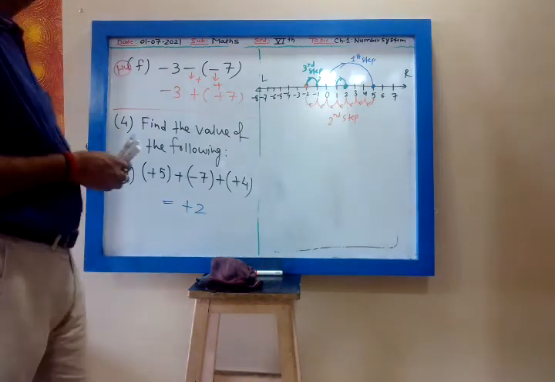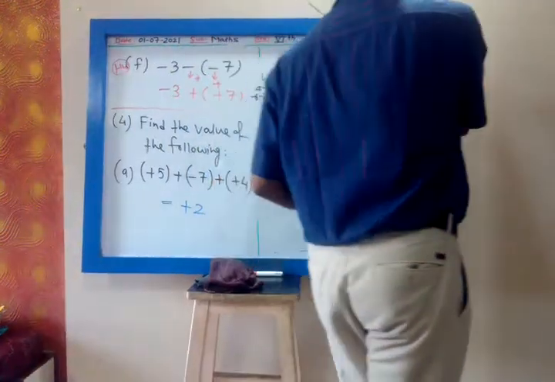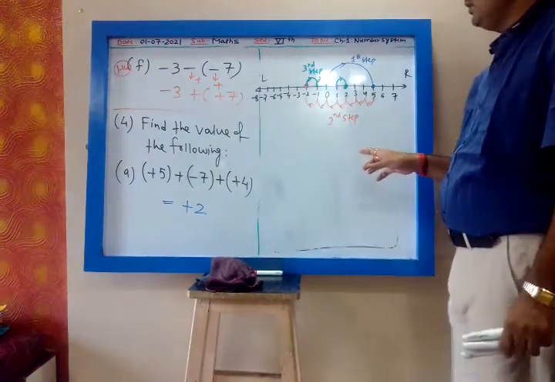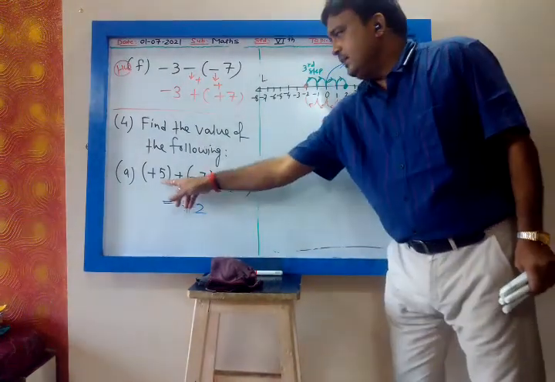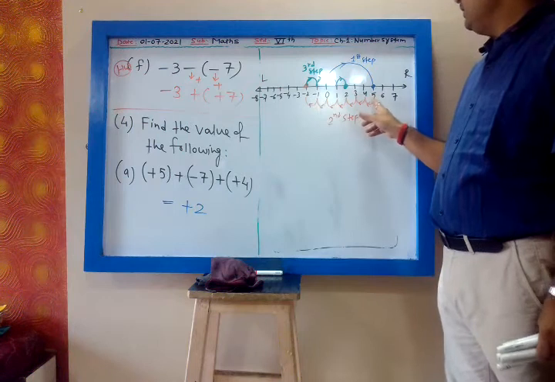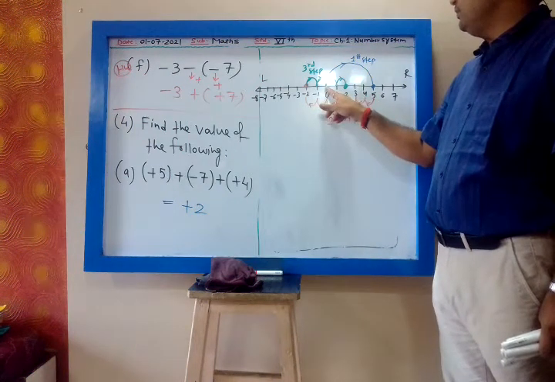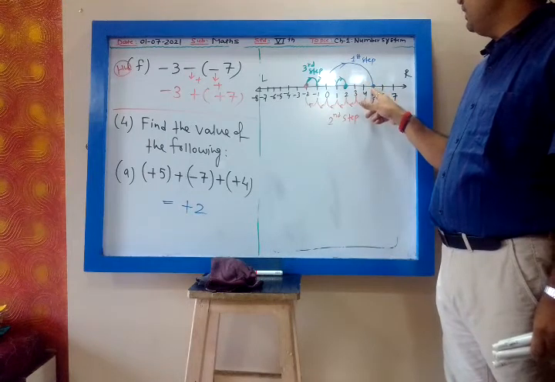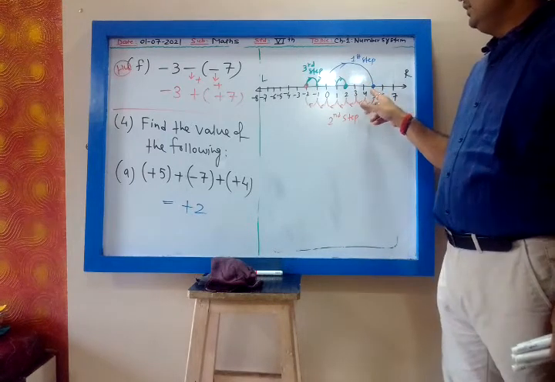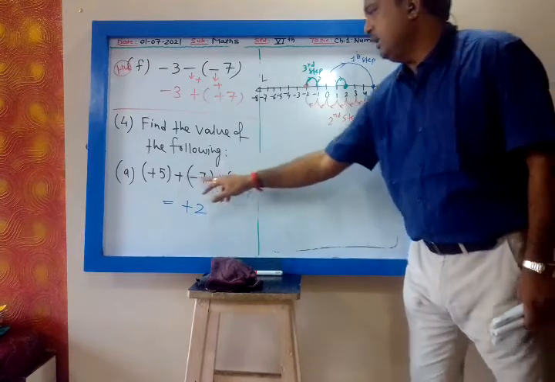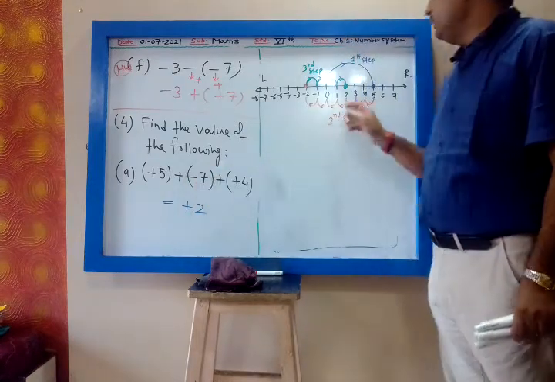Okay? So no need to write the wordings. You just show this diagram. To represent the number +5, it is clear, my dear. First I will move directly from 0, 5 steps to the right because it is +5. Then to this +5 we want to add -7. So minus sign is there.